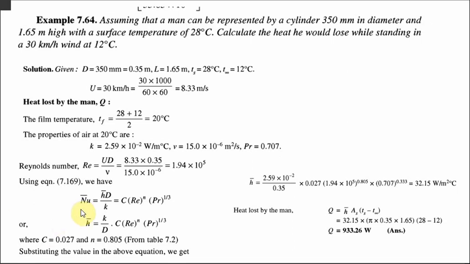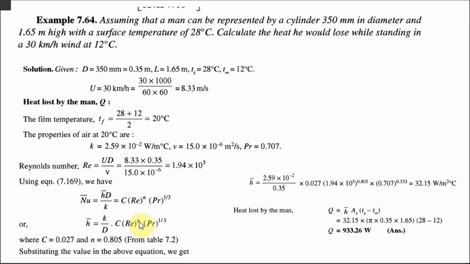Now from the data book, as I already told, the Nusselt number correlation is C into Re raised to n into Pr raised to 1 by 3. Nusselt number is hD by k, so h bar is k by D into the remaining terms.